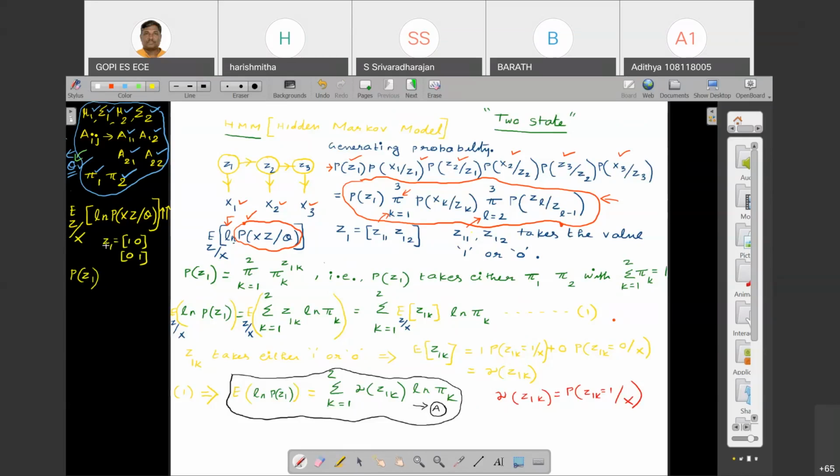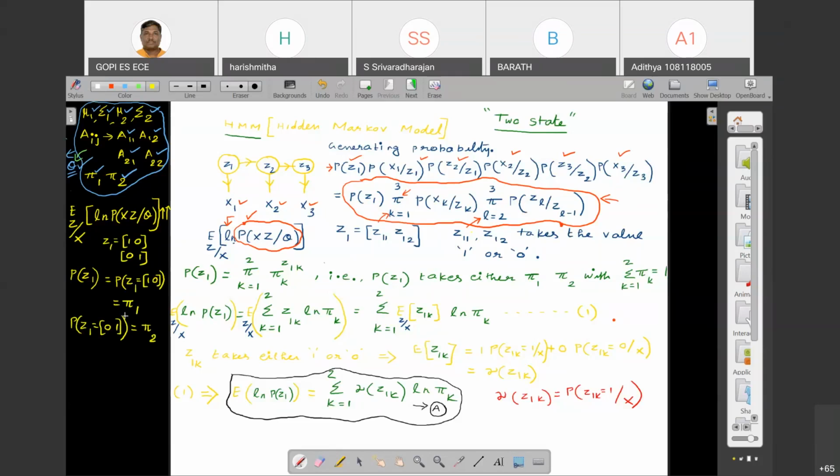Suppose Z1 takes 1, 0, the probability of Z1 is pi 1. Suppose Z1 takes 0, 1, then the value is going to be pi 2.